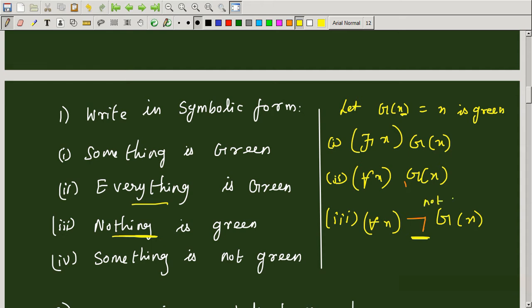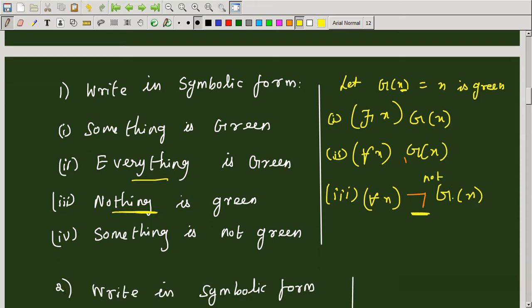Next, something is not green. Here we apply there exists x negation g of x. Got it? Not means you have to use negation g of x.